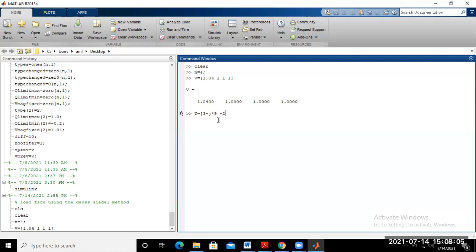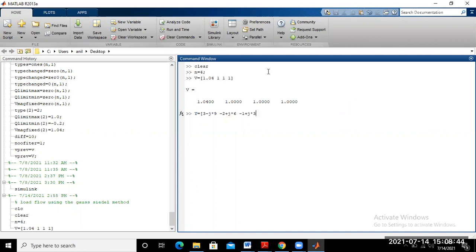Minus 2 plus J6. Next is your minus 1 plus J3.